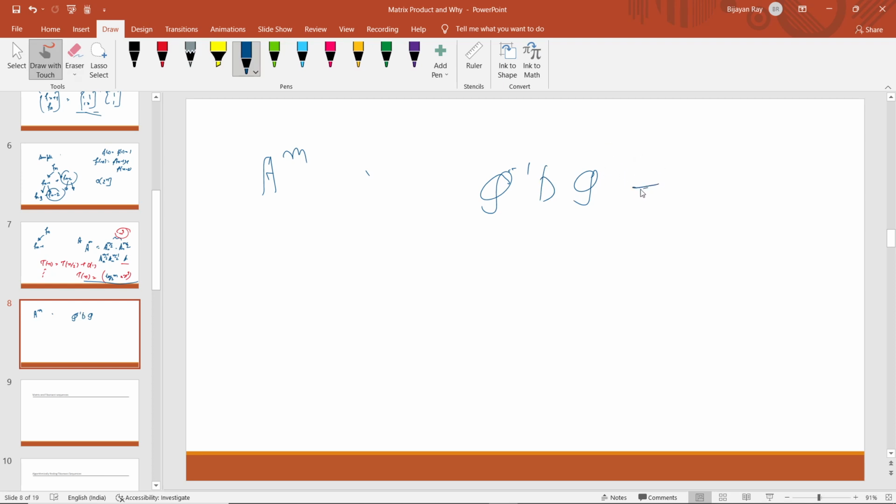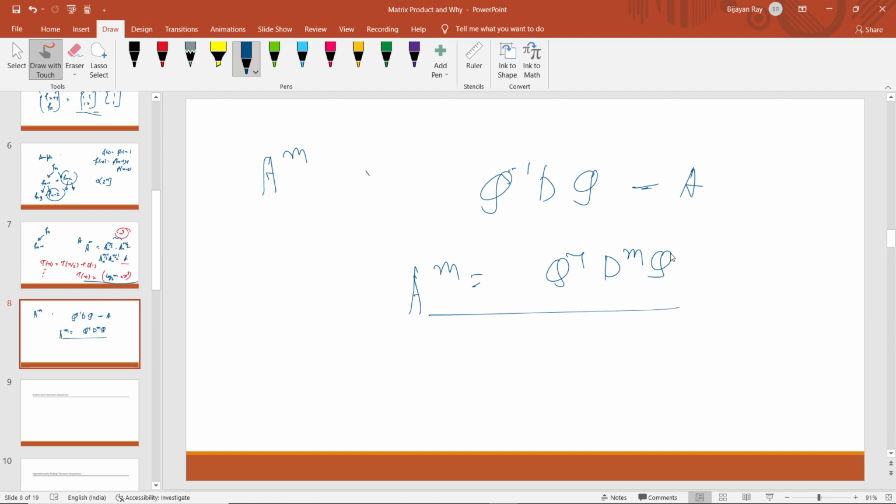If A can be written like this, then A power n can easily be computed as Q inverse D power n Q. Now, is everyone clear about this?